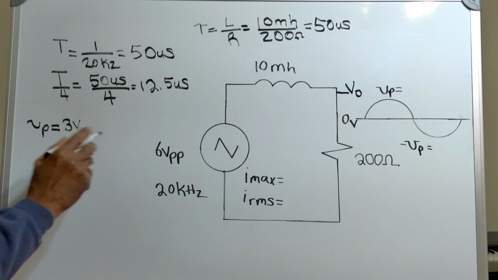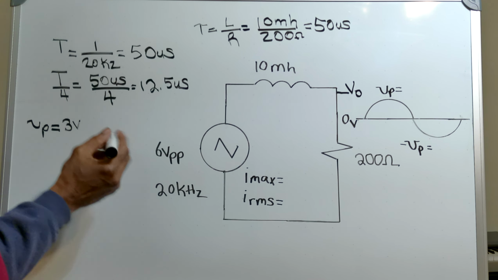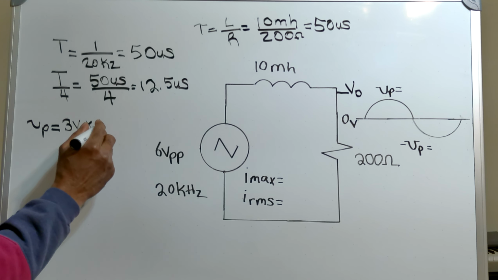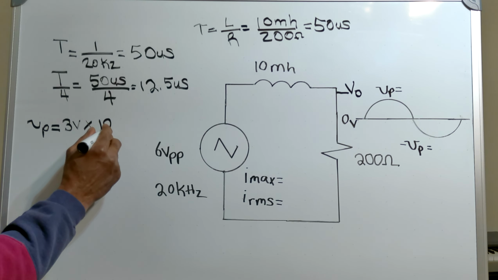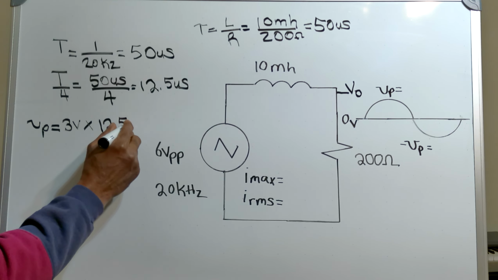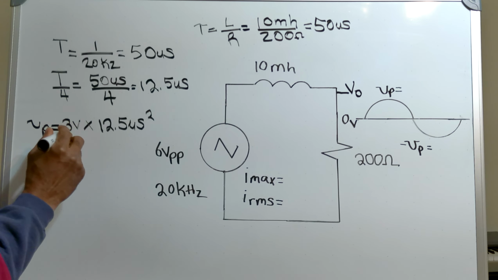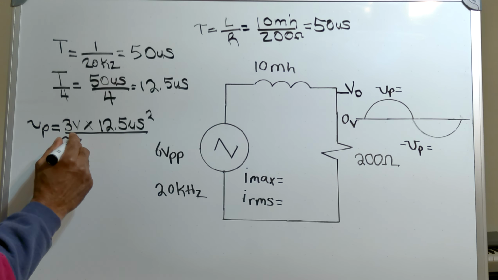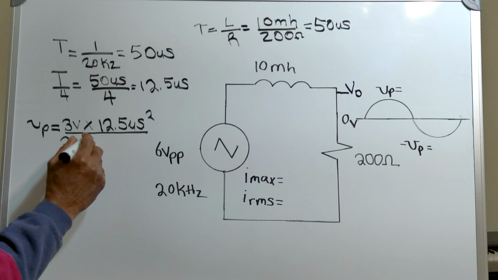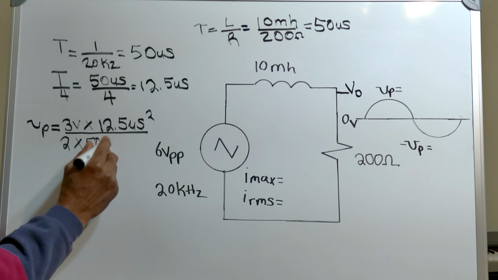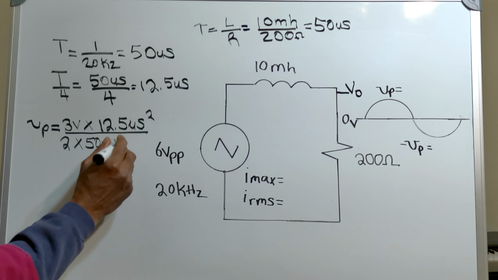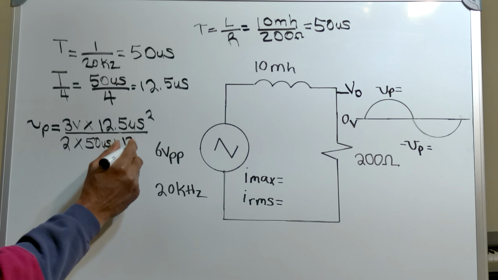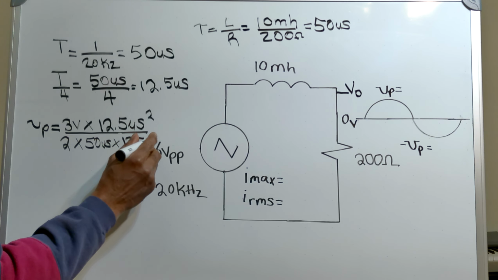The 3 volts is 1/2 my 6-volt peak to peak, times 12.5 microseconds squared over 2, times 50 microseconds, times 12.5 microseconds.